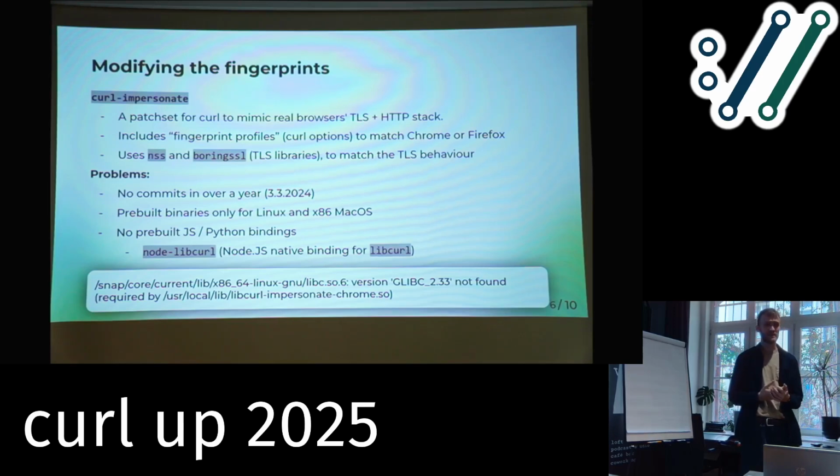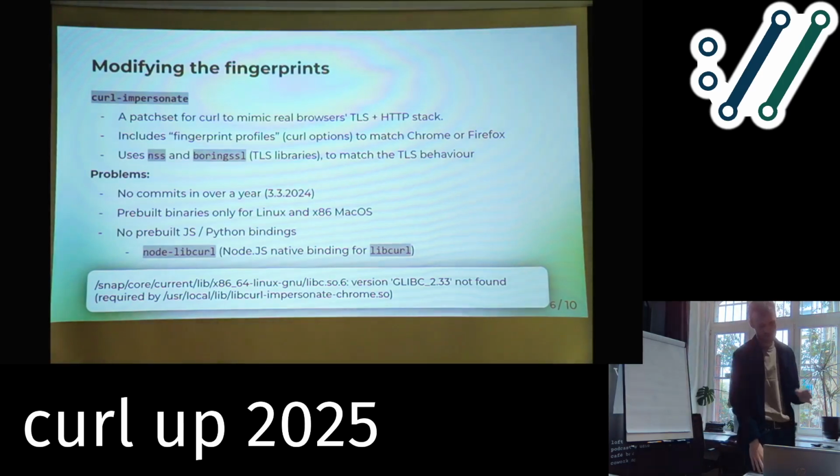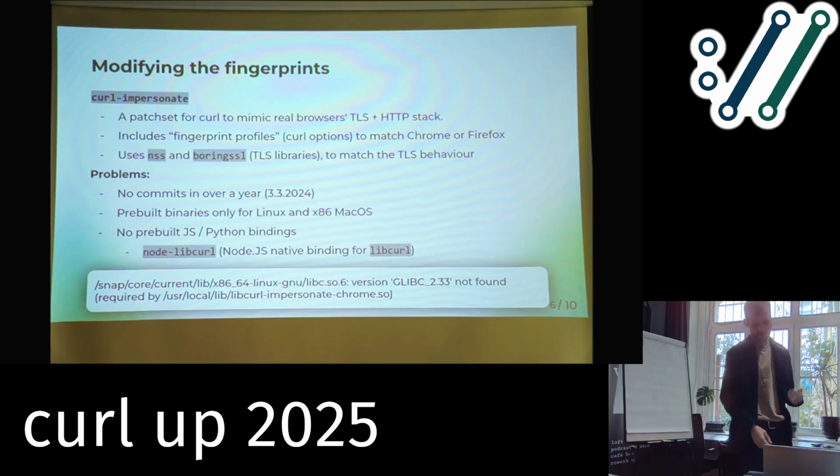For us, we were like, okay, version glibc 2.33 not found. Let me install the new glibc version, whatever. That wasn't it. No, it didn't go well. We spent not a lot of time on it, but it was very frustrating, especially as somebody not coming from the C background.